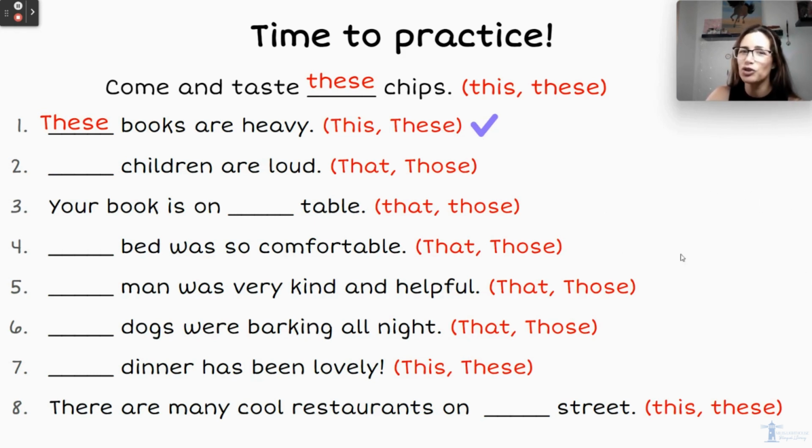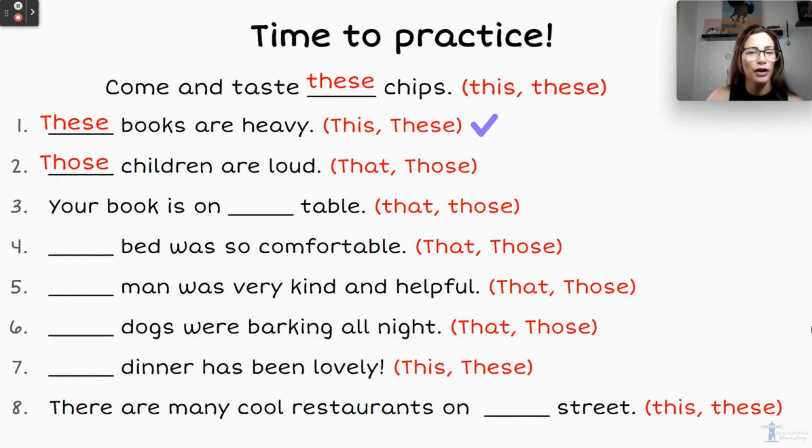Just circle what you got wrong and write the correct answer somewhere. Blank children are loud, and you have that or those. Those children are loud. So child is one, and children means that there are more than one. So it is plural, which is why we used those.